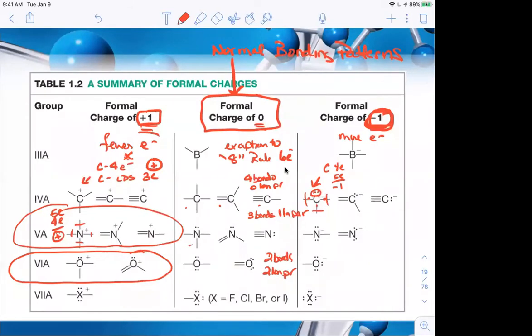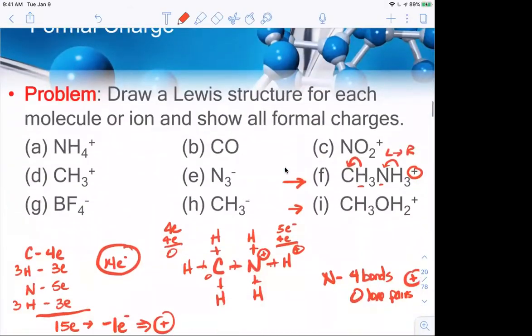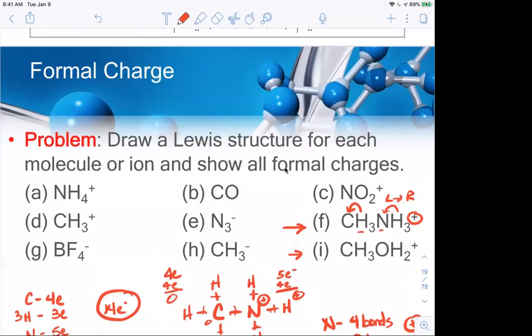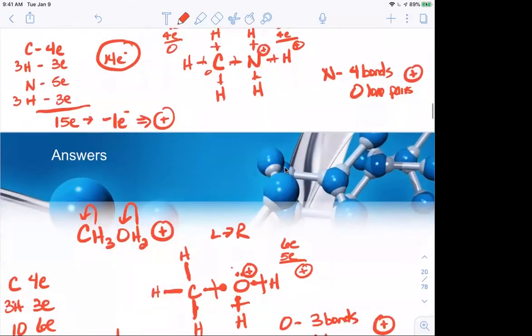So this chart is really, really handy, especially when you start looking at these types of charges that you're going to see all the time in organic. So go through the rest of these yourselves and then see if you can draw the Lewis structure. If you don't, give me a ring and I will help you figure out where to go.